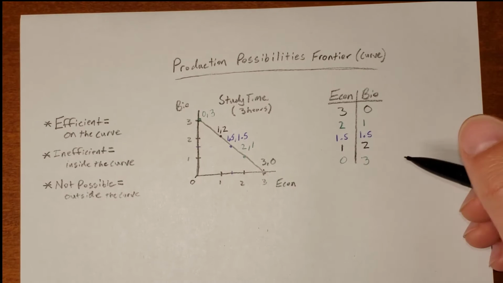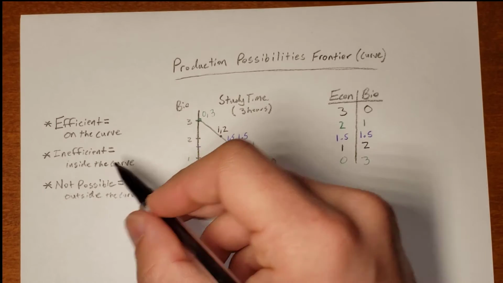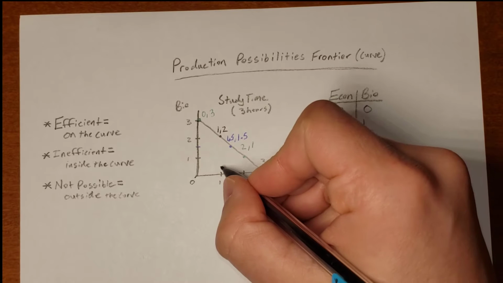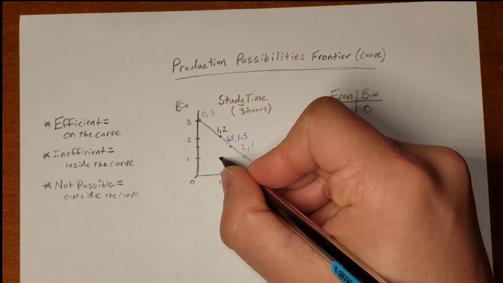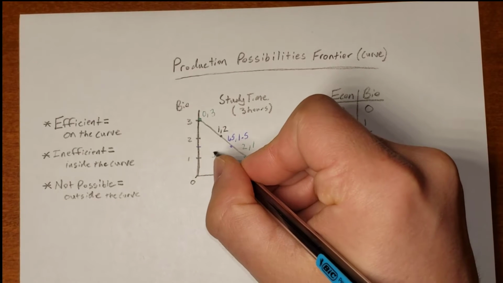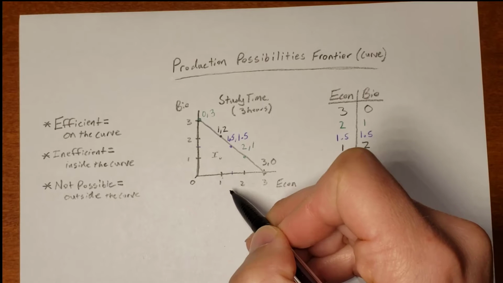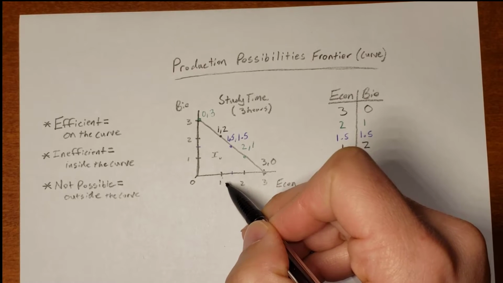So anything on this frontier would be considered efficient because it's on the curve. That means that you're fully deploying your time. Inefficient would be inside the curve. Let's say I decide I want to study right here, right? Well, that would be inefficient. Okay, I'll put an I there for inefficient. If I say, well, I'm going to study 1 hour of bio and 1 hour of econ, well, I'm not fully deploying my resources.